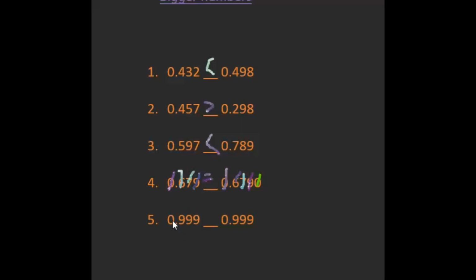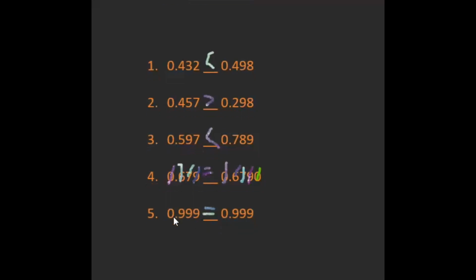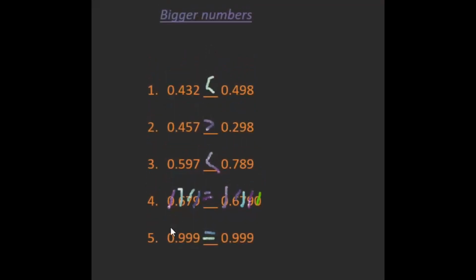Now let's move on to the next problem. 0 and 999 thousandths and 0 and 999 thousandths. You guys should know this straight away, that these two should be equal because both of the numbers are the same. But we'll just go through the same process again. Okay, so 0 is equal on both sides.